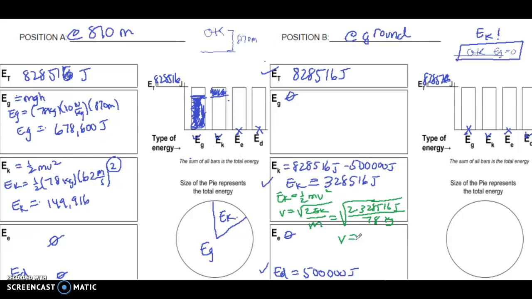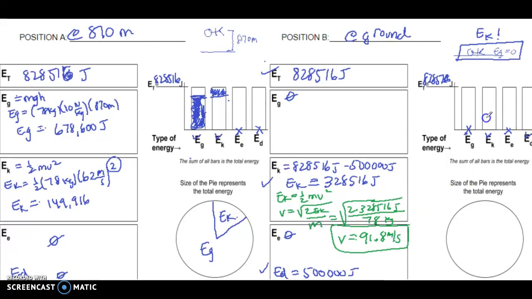Then my v is going to be 2 times 328,516 divided by 78 is 8,400. If I take the square root of that, it's 91.8 meters per second. So pretty fast. There's my answer.